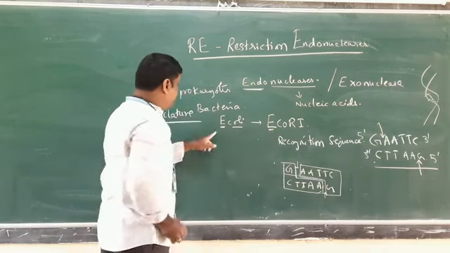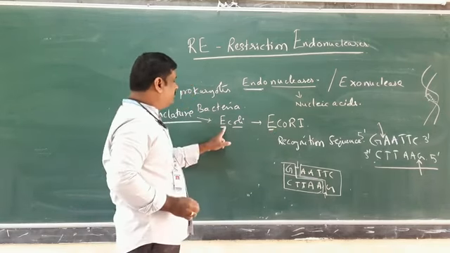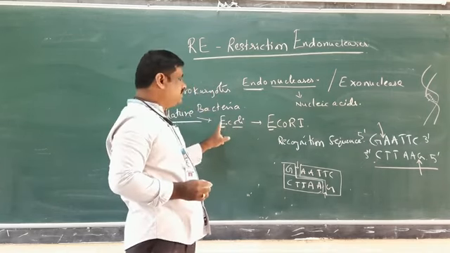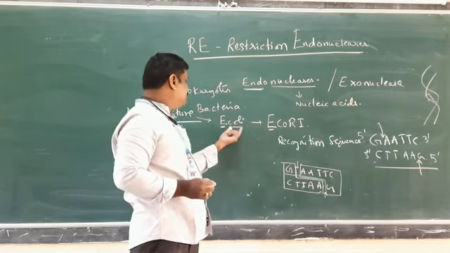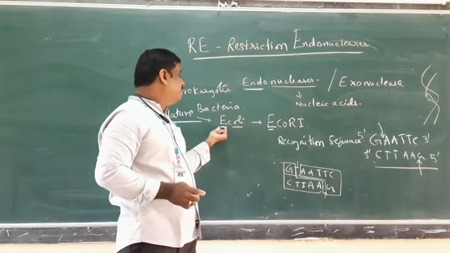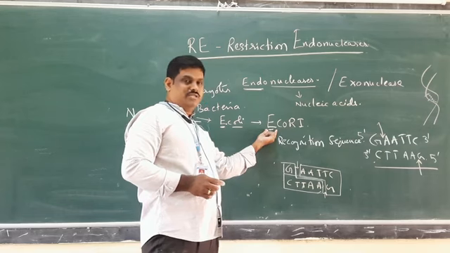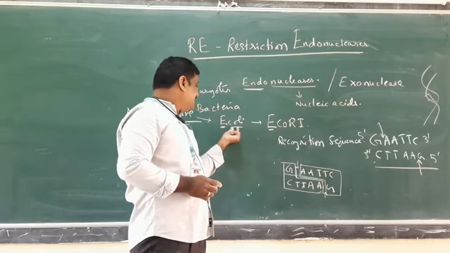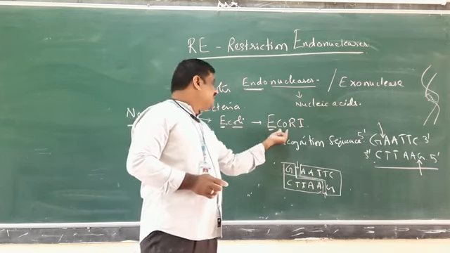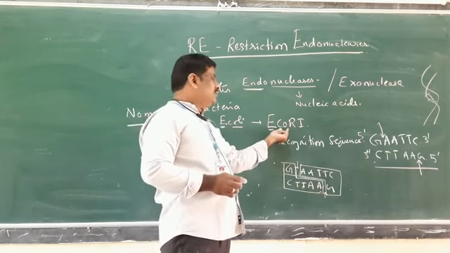The first letter of the genus name is the first letter of the restriction endonuclease. Here it is Escherichia coli; Escherichia is the genus name and coli is the species name. The next two letters come from the first two letters of the species name.